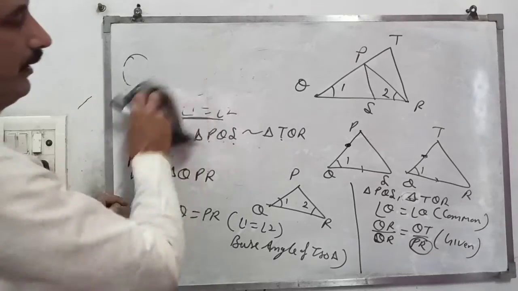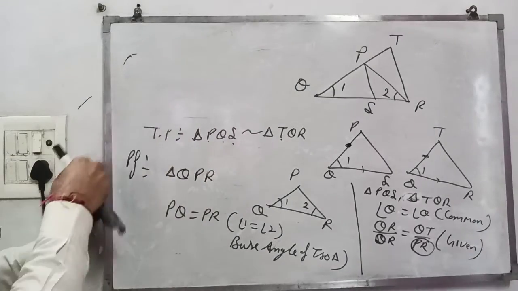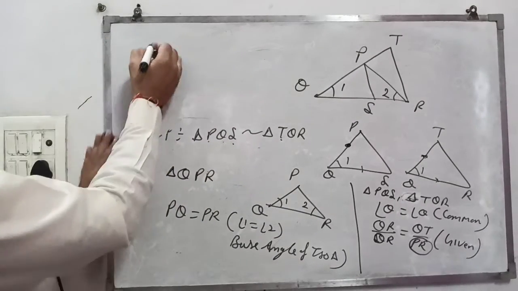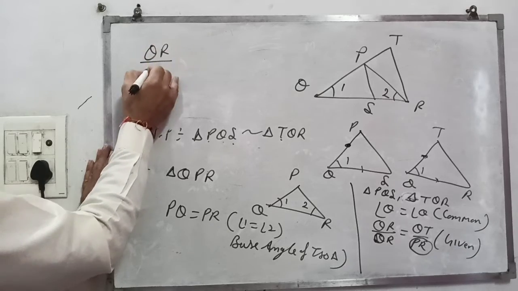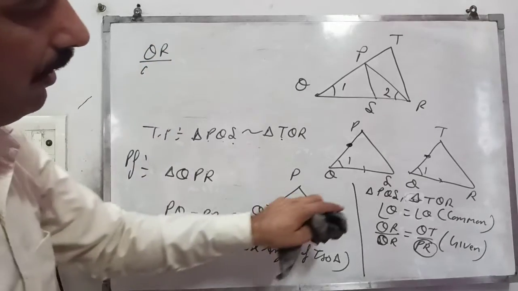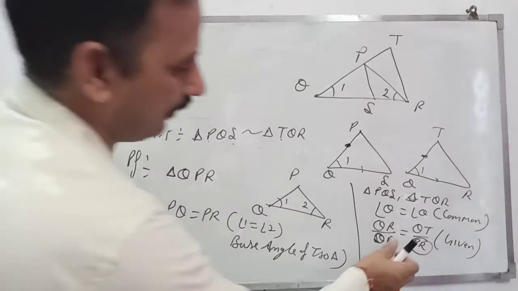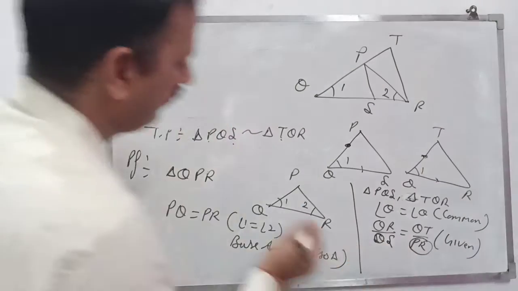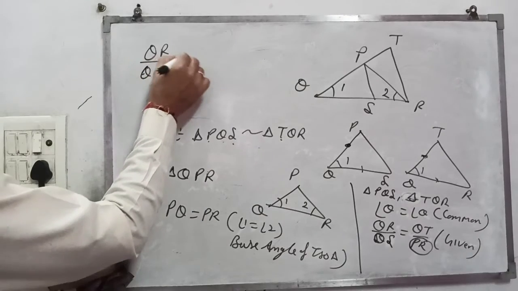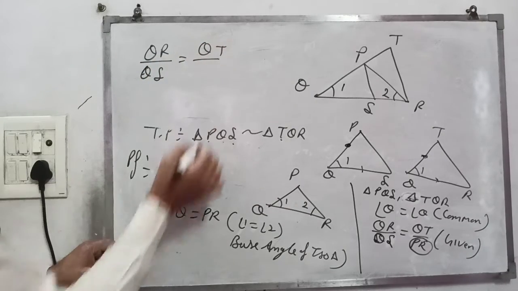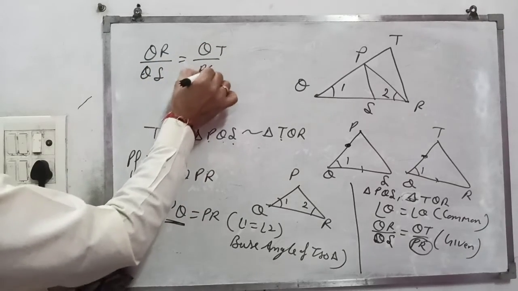So QR upon QS is equal to QT upon PQ, right?